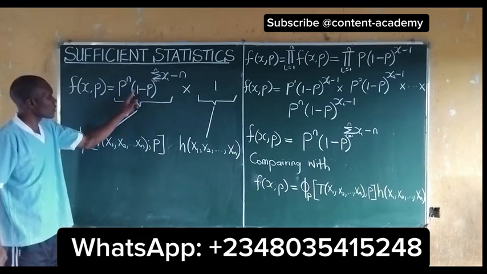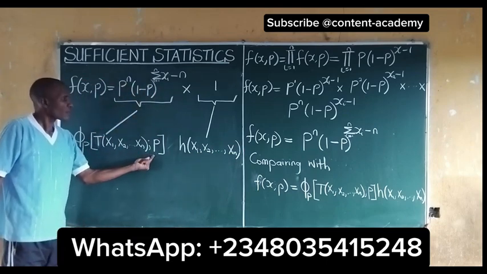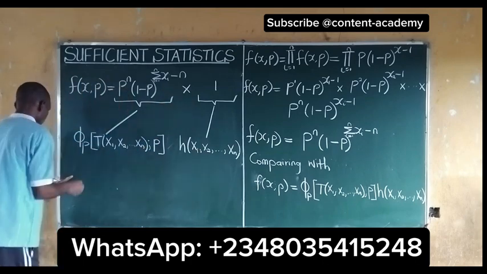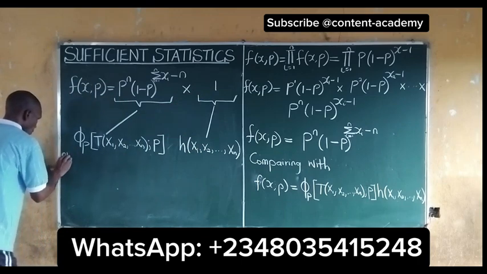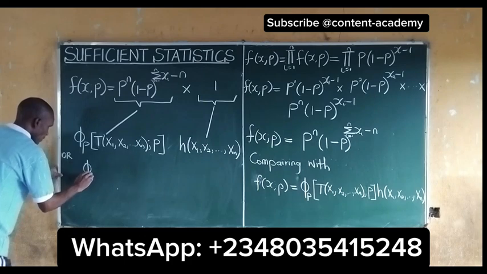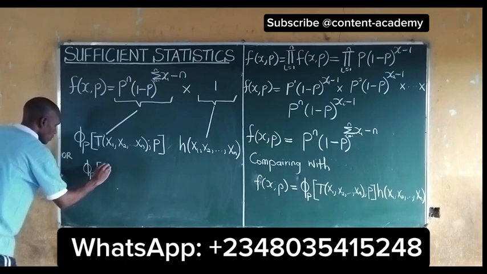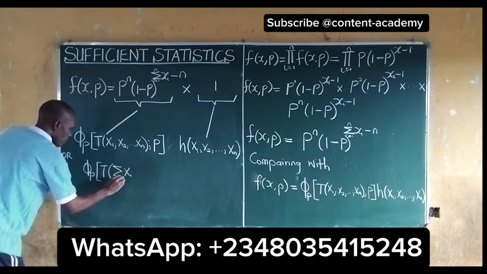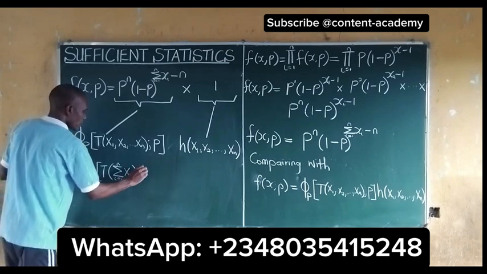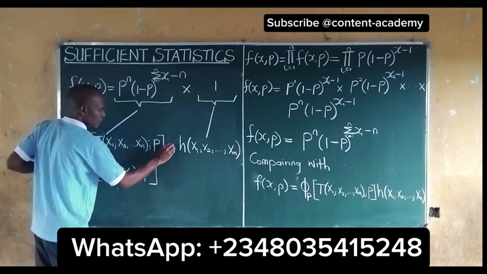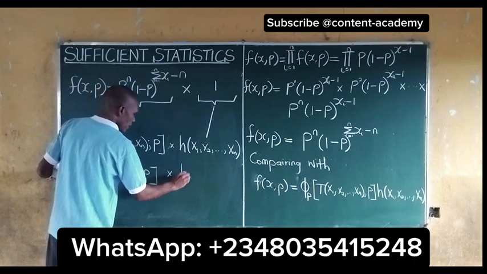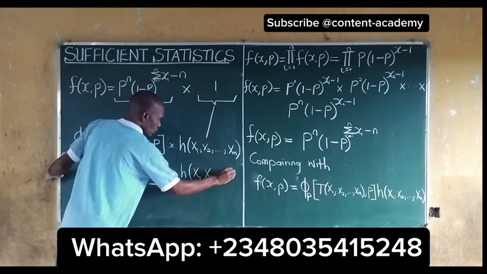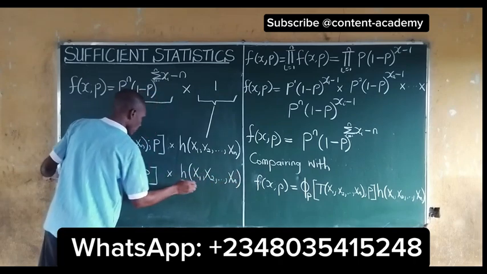So the whole of this depends on p, while this does not depend on p. We can also write this as g of p to the summation of xi's, as i running from 1 to n, because it's our mean, and this multiplied by h of x1, x2 to xn.